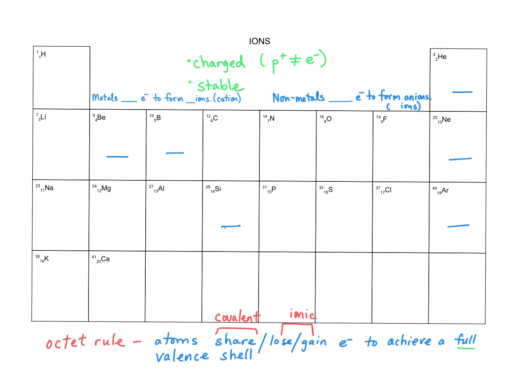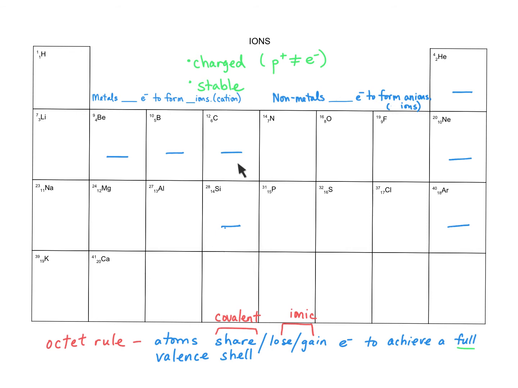So first thing I'd like you to notice is that I have put blanks in a few of these element boxes here. You'll notice the noble gases. Noble gases are already stable, and so they don't need to form ions. Silicon and carbon, for that matter, so I'll draw a blank here in carbon, typically become stable by sharing electrons, not by losing or gaining electrons.